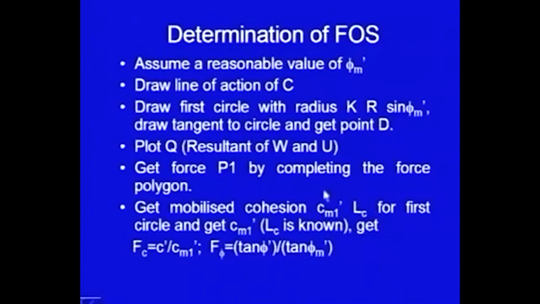This is the capital C, the cohesion for the first trial, for the first circle, and once this is available, you can get Cm1 dash, the mobilized cohesion for the first circle. Once this Cm1 dash is available, you can get Fc, the factor of safety against cohesion. And also for the phi m value which we have assumed here, we can get F phi.